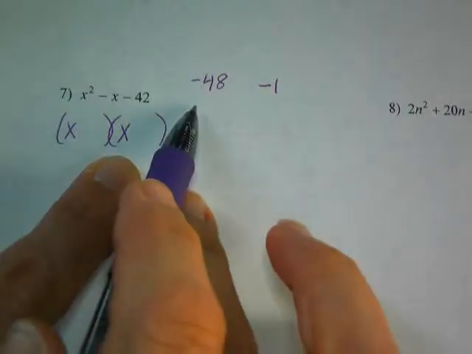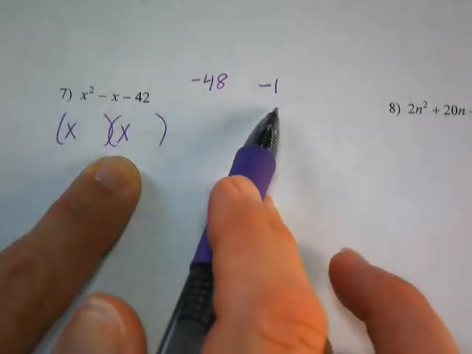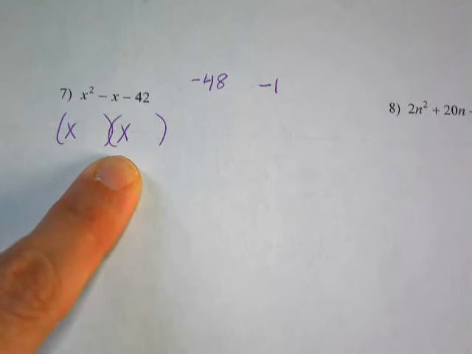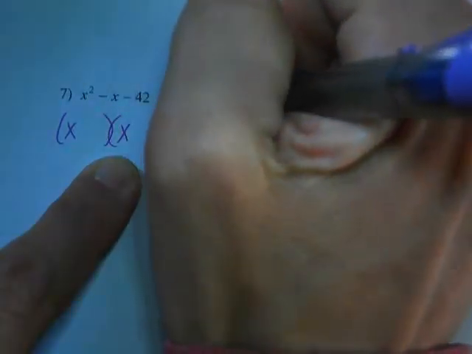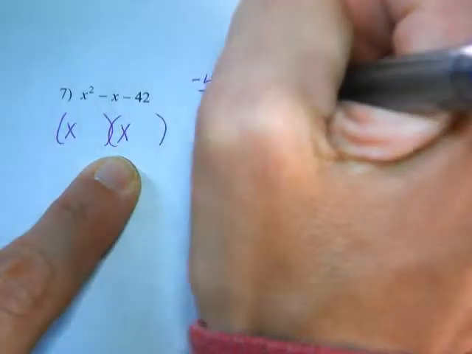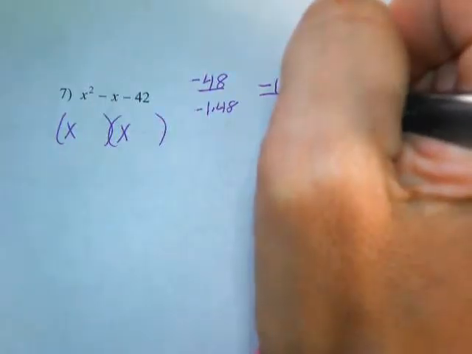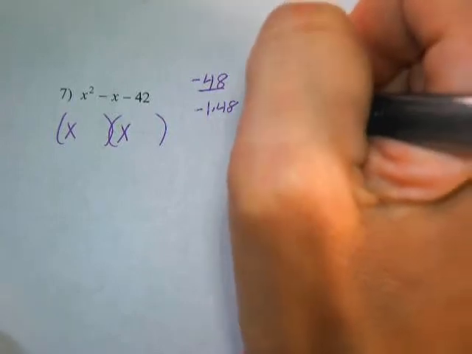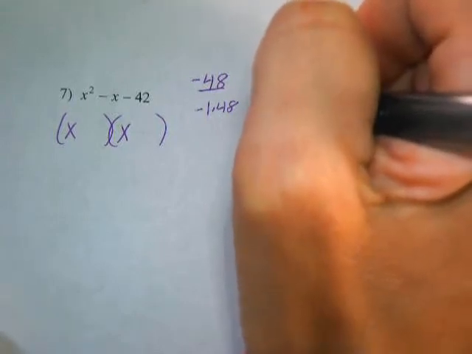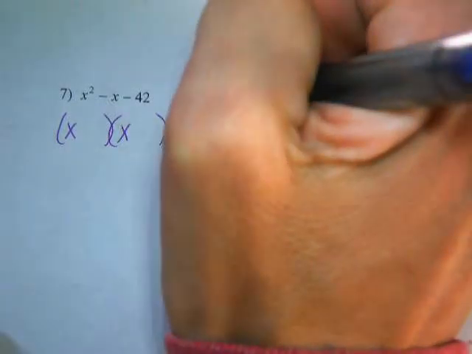So we're multiplying to negative 42, adding to negative 1. And one's going to be positive and one's going to be negative. You can start with 1 and 42.